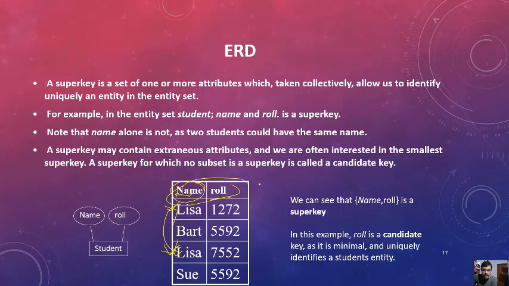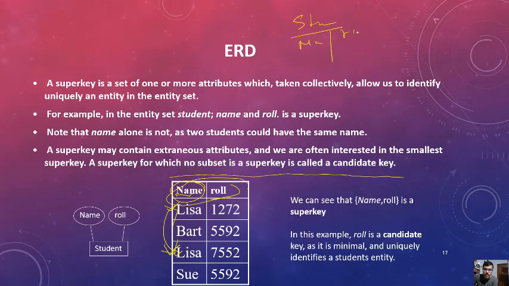Suppose we are building a student database with name and roll number: roll numbers 1, 2, 3, 4, and names A, B, C, D. Here name and roll number collectively are a super key, and roll number alone, a subset of the previous super key, is also a super key.